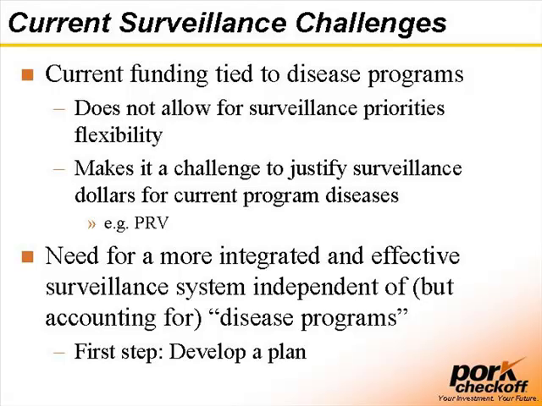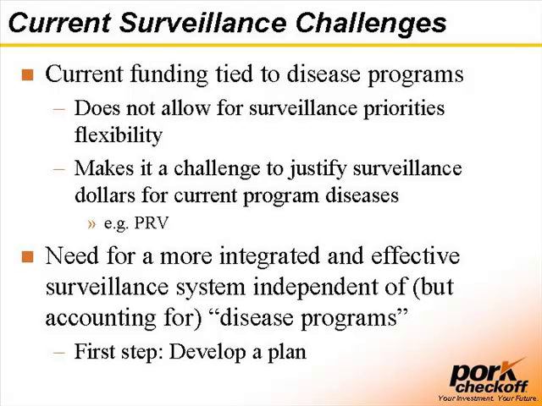As an example, we are officially free of pseudorabies in the commercial herd. And how much do you justify doing surveillance to keep proving freedom, and how do you prove freedom? Once we got the commercial herd free, how do you keep justifying ongoing surveillance has been an issue.